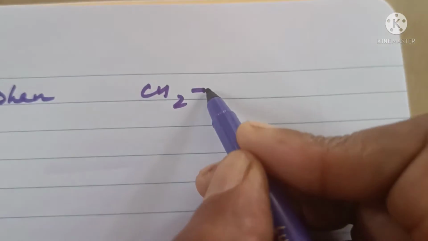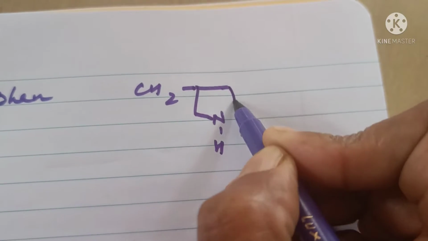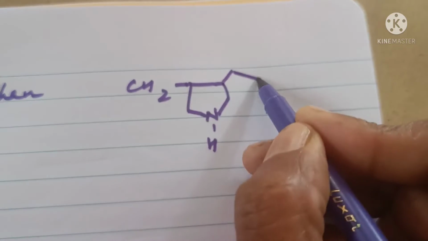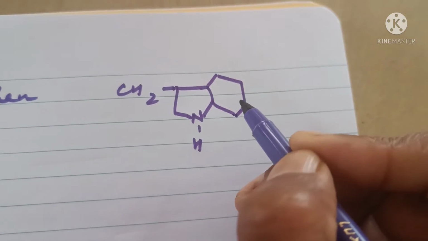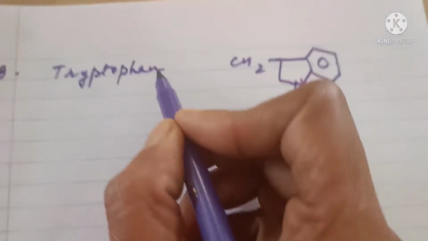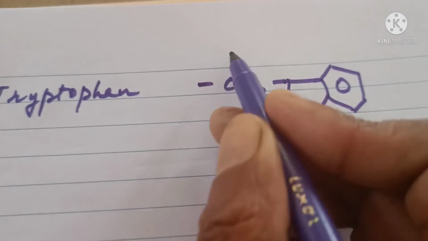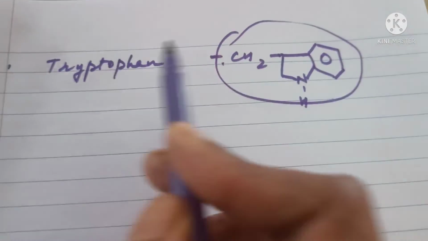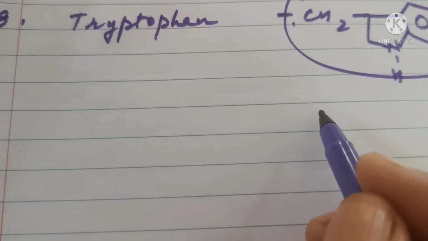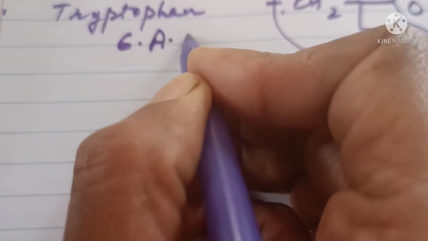So in tryptophan, we have CH2, then a 5-membered ring with NH and a 6-membered benzene ring. This is called tryptophan. It is an essential amino acid. This is the group that is attached to the regular amino acid part.